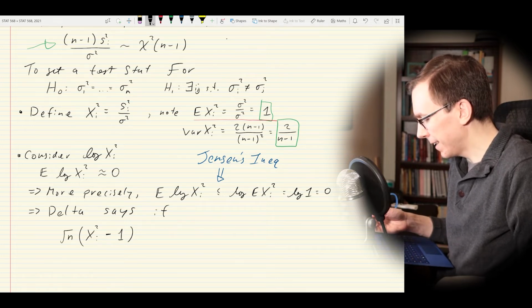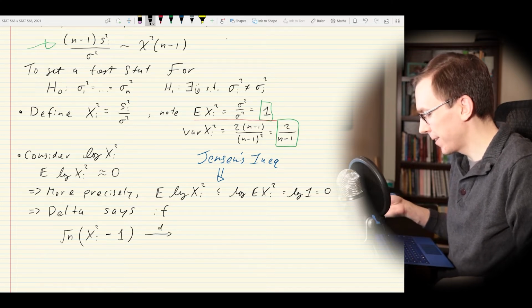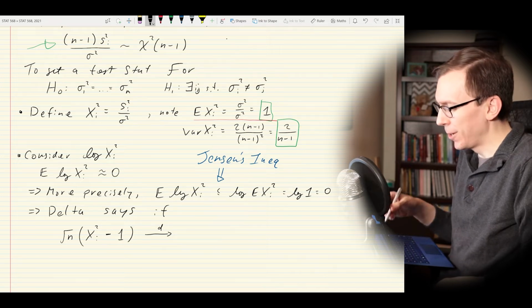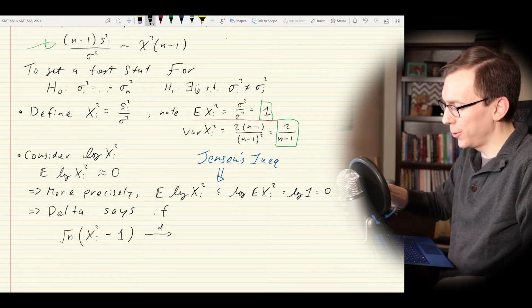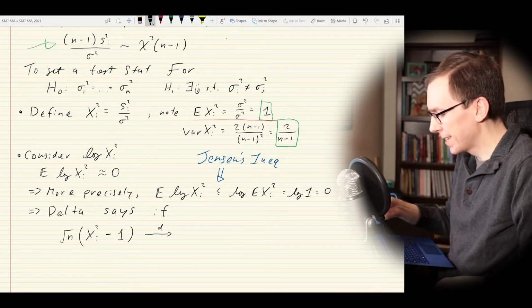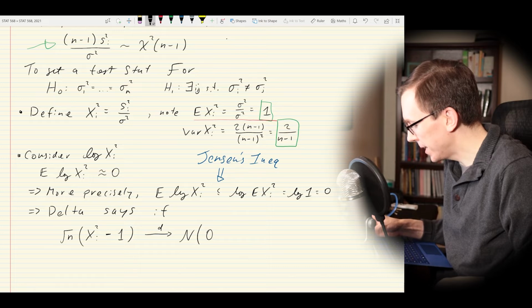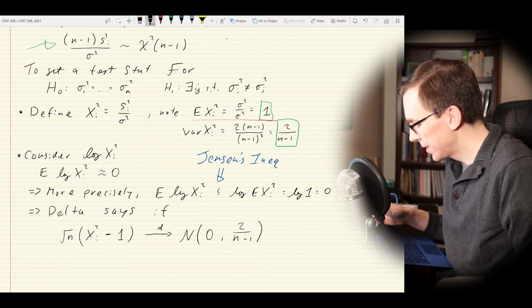So if I have something like this, in distribution, xi squared is a scaled chi-squared random variable. If I center it, then what I'm going to get is a convergence to a normal distribution with mean 0, because I subtracted the mean, and the variance is going to be what's in my blue box up there.